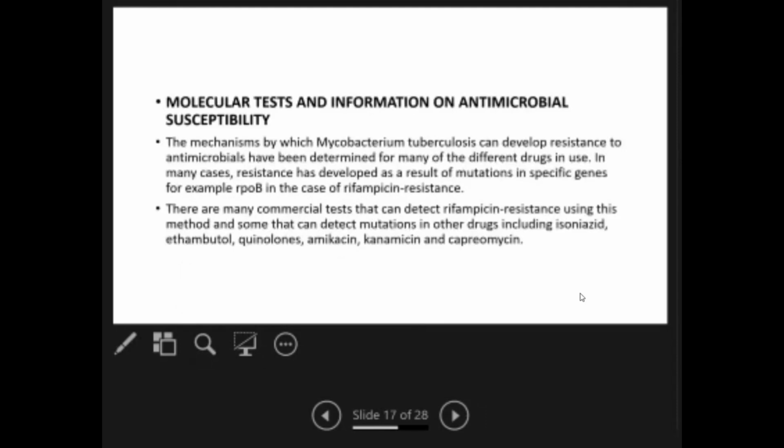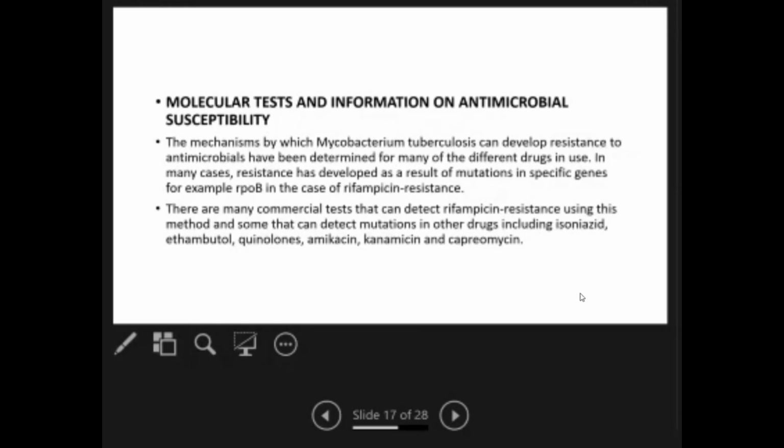So in conventional methods, we know to treat the patients, we should have an antibiotic sensitivity pattern. Unlike other conventional bacteria, as I said before, tuberculosis takes sometimes 6 weeks to grow on conventional media. So if you want to perform antibiotic sensitivity testing, again, it will take another 4 to 6 weeks to give you accurate results. So that is not what the clinician wants.